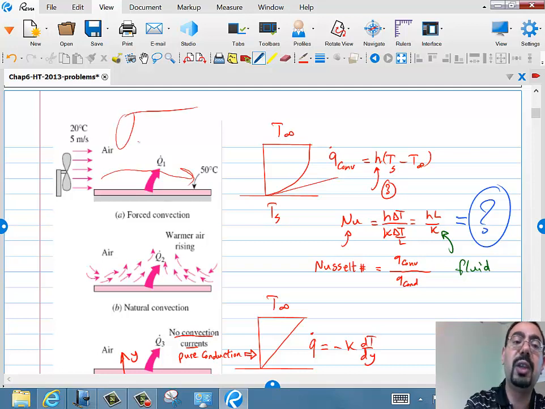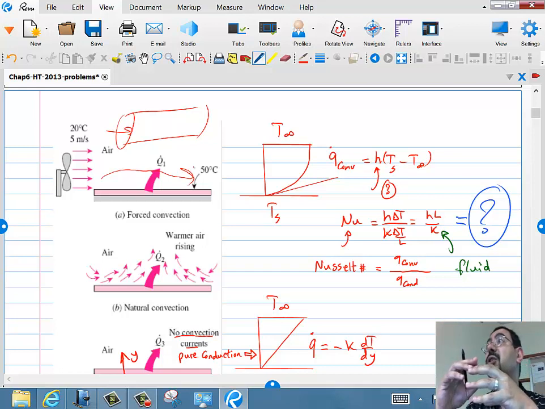And there's internal convection, that's when the air is moving inside a pipe or a duct. Both of them are forced convection, driven by a fan or a pump, whether the fluid is air or liquid or crude oil.